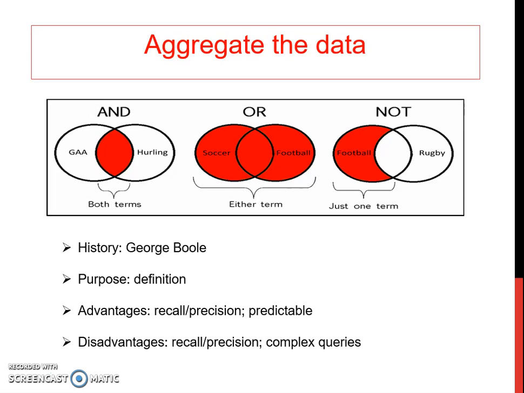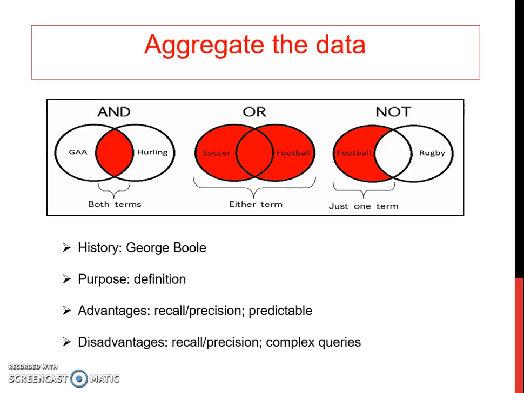As opposed to when we do an AND search of GAA and hurling, we are going to end up producing fewer results because our search is narrower.